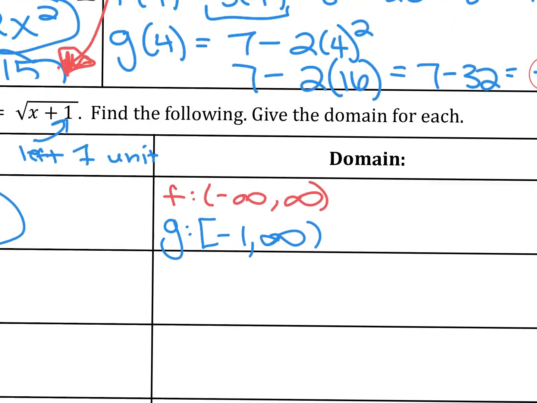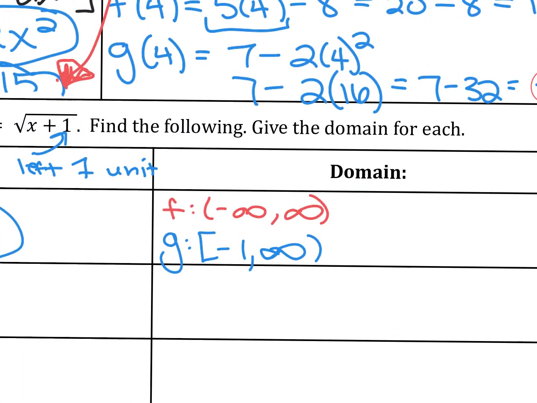So if I think about that, f is all real numbers. G is from -1 to infinity. So on a number line, this is what it's going to look like.